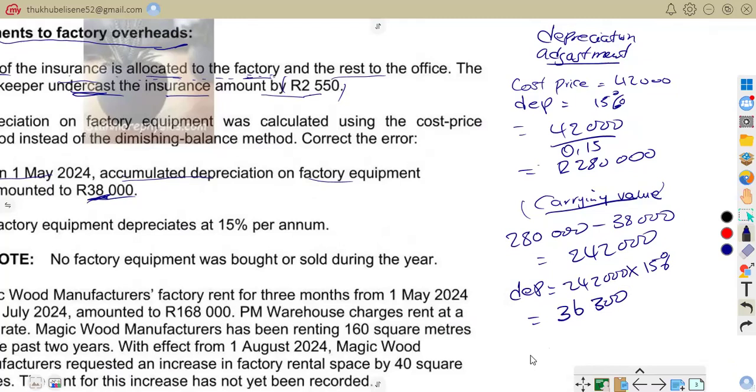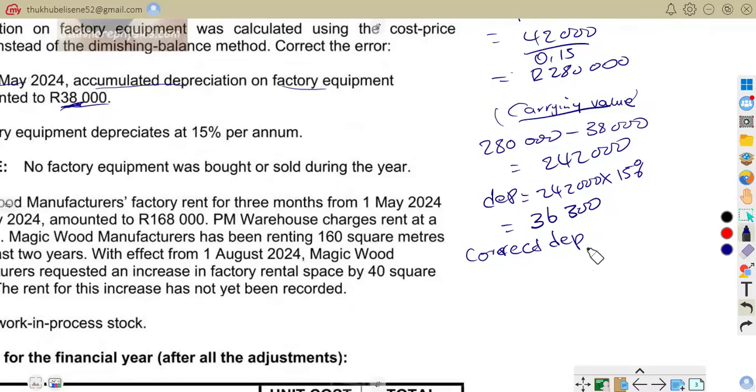So the correct depreciation on factory equipment is going to be 36,300. Then we are going to say 42,000 minus 36,300.